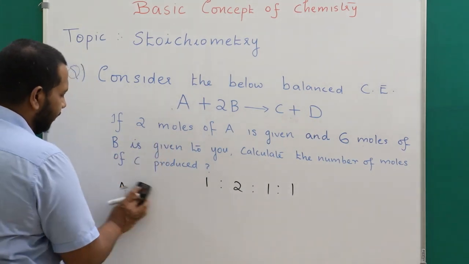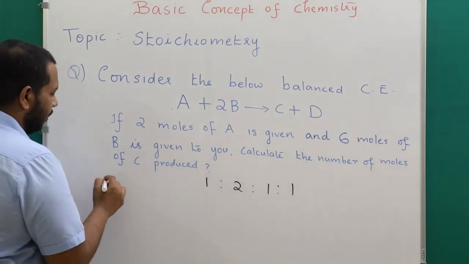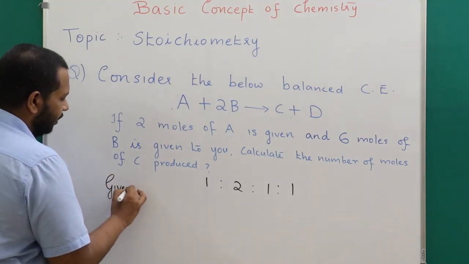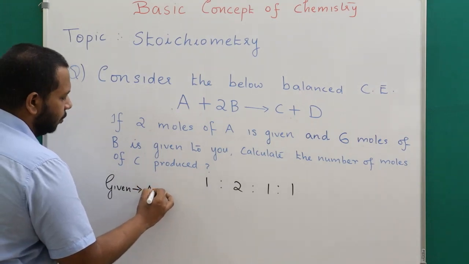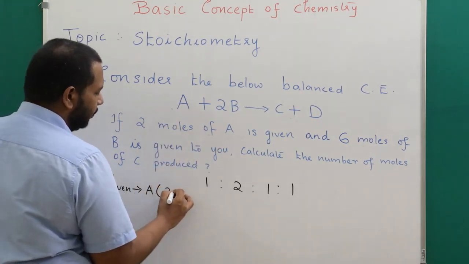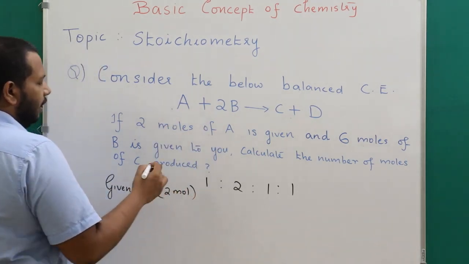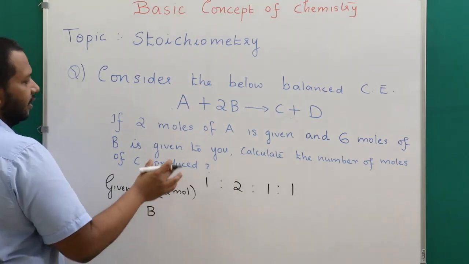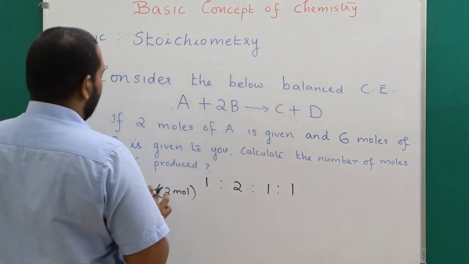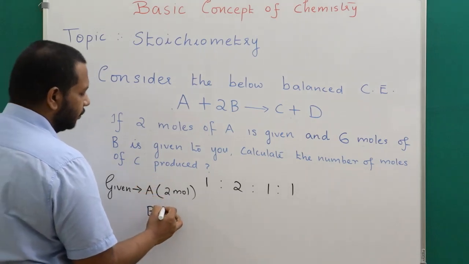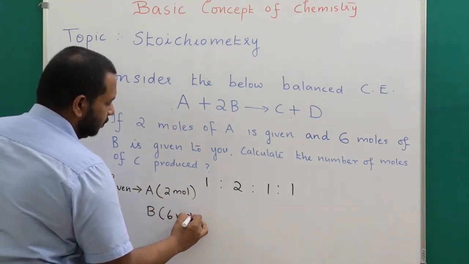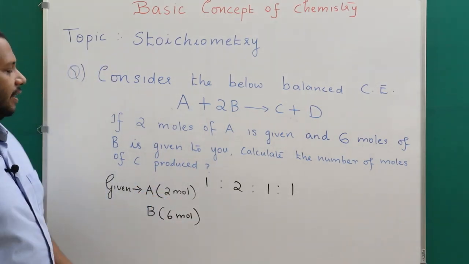Always write given, otherwise you will get into confusion. Given to you is A. How many moles given to you? 2 mole. Correct? And the next reactant given to you is B, and how many moles of B is given to you? 6 mole.